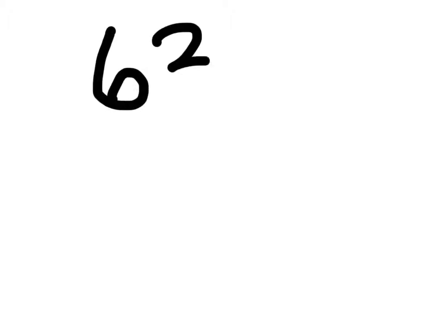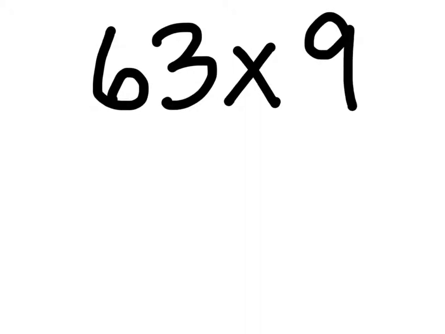Our problem that we're going to be doing today is going to be a simple 2-digit by 1-digit multiplication problem. For example, 63 times 9. You can tell that this is 2 digits because there are 2 digits in the first part and just 1 digit in the second.